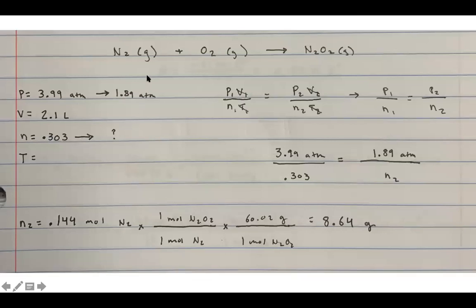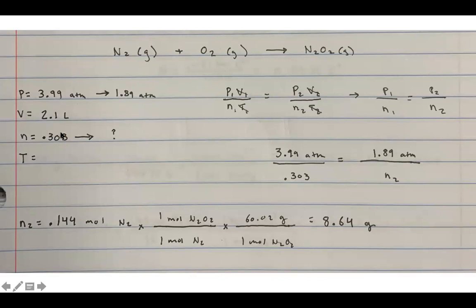Okay, so the first thing I did here is I wrote my balanced equation. Diatomic nitrogen reacts with diatomic oxygen to produce dinitrogen dioxide. It's a 1:1 to 1 ratio, which is really nice. From here, I wrote my variables so I could get them all straight in my head. The pressure went from 3.99 atmospheres down to 1.89 atmospheres.